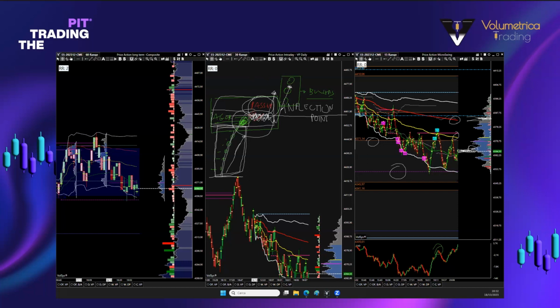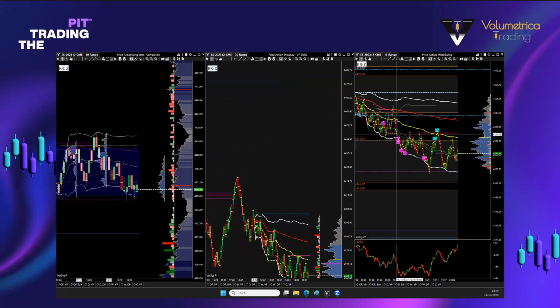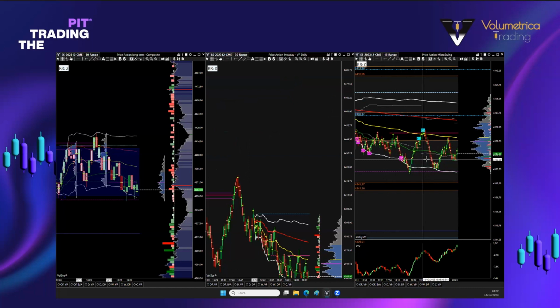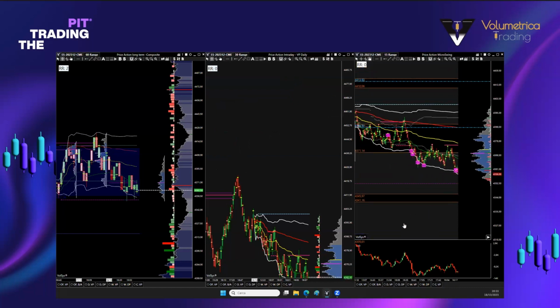Tonight I have gone a little bit deeper into the process, the dynamics, why absorption forms and creates. And in fact, how can we determine absorption? Well, still using cumulative volume delta.